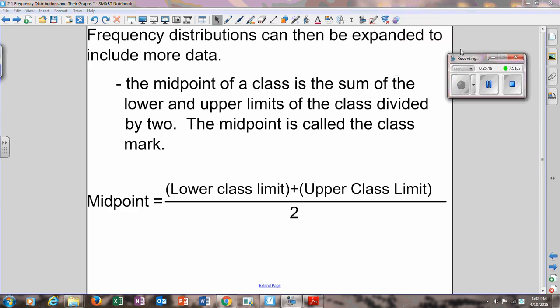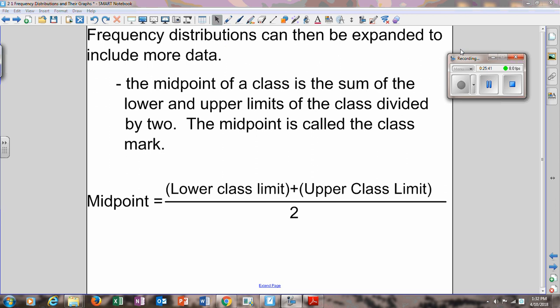Then we can expand frequency distributions to include more data. So we can go and include the midpoint of a class. So it would just be a 3 column chart. So it's the sum of the lower and upper limits of the class divided by 2.